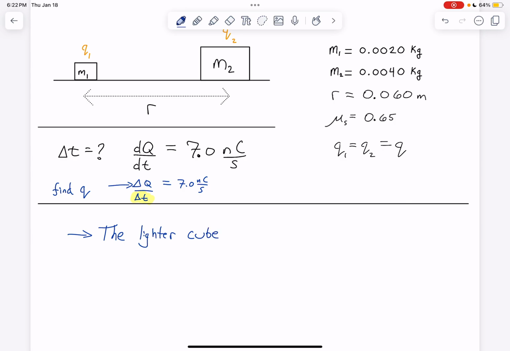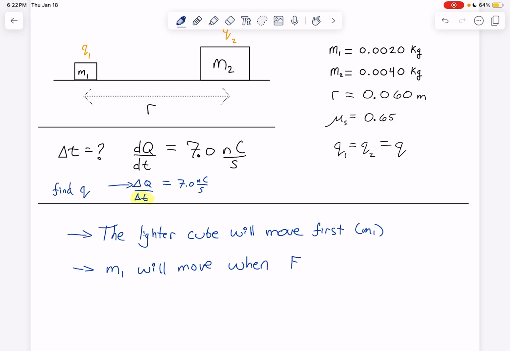So the lighter cube will move first, and that's M1. And M1 will move when the electric force is larger than the force of friction that's holding it in place. So when F electric is larger than the force of friction holding it in place.